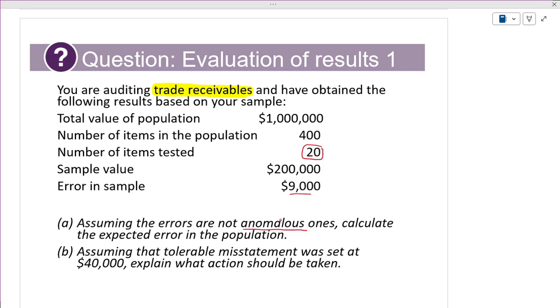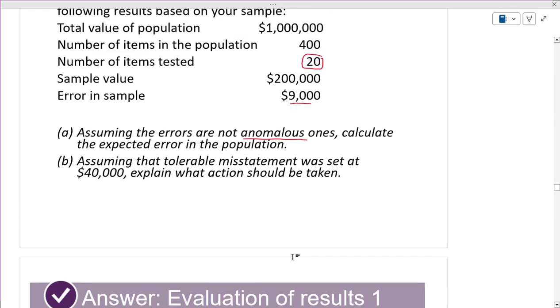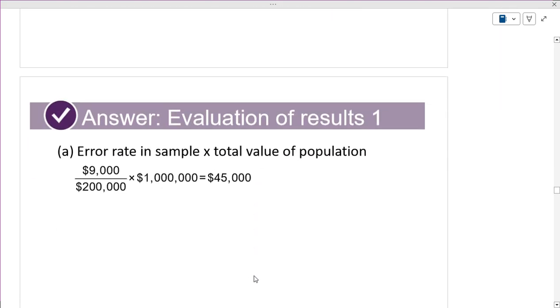Assume that errors are not anomalous ones. Calculate the expected error in the population. What is the expected error? They ask what is the error in the sample.